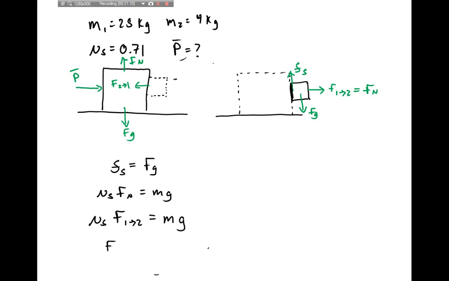So solving for F1 on 2, the force that box 1 exerts on box 2, this is m sub 2 g divided by mu sub s.